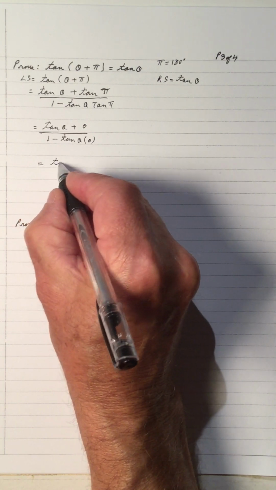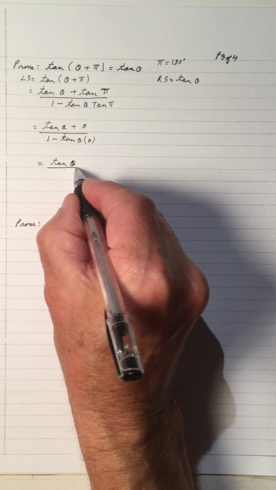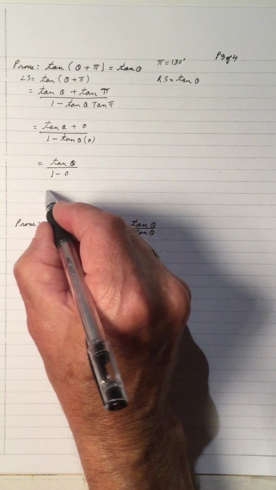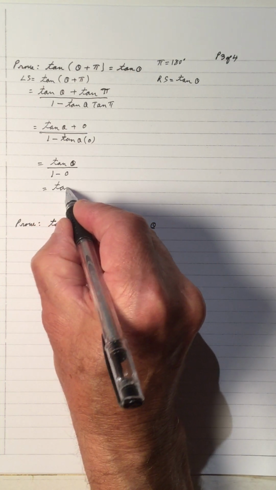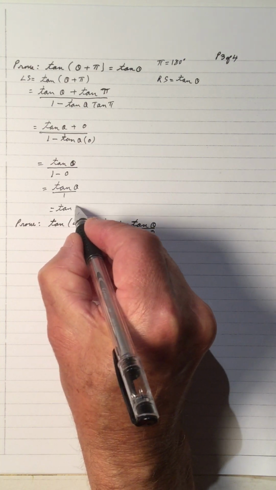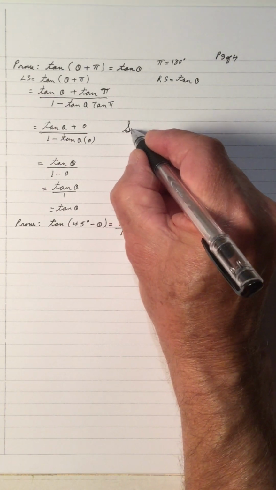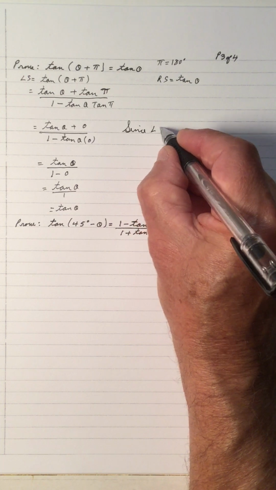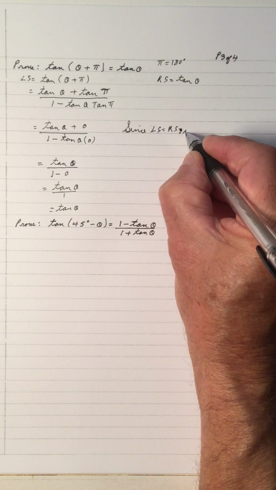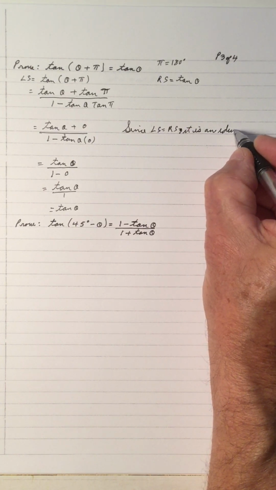When we add 0, we get tan theta. And 1 minus tan theta times 0 is 1. So that gives us tan theta over 1, which is tan theta. So that's the proof: since the left side equals the right side, it is an identity.